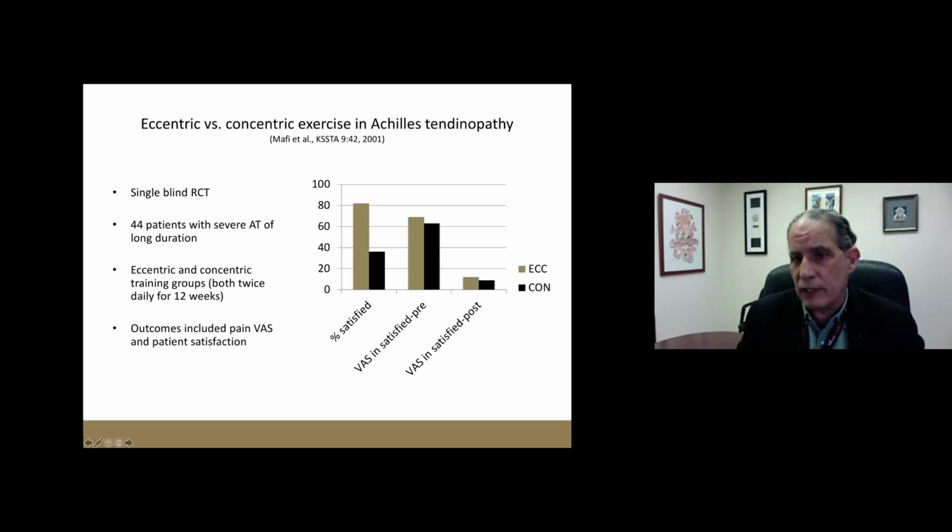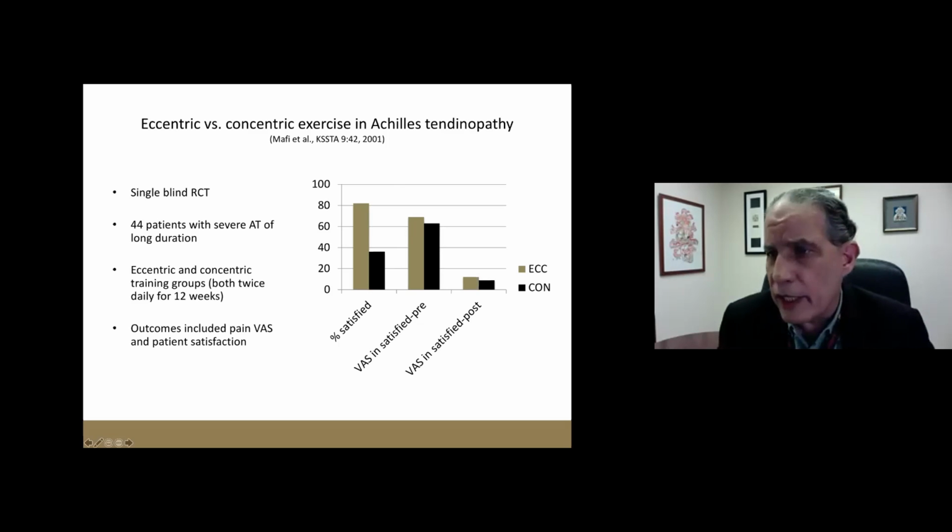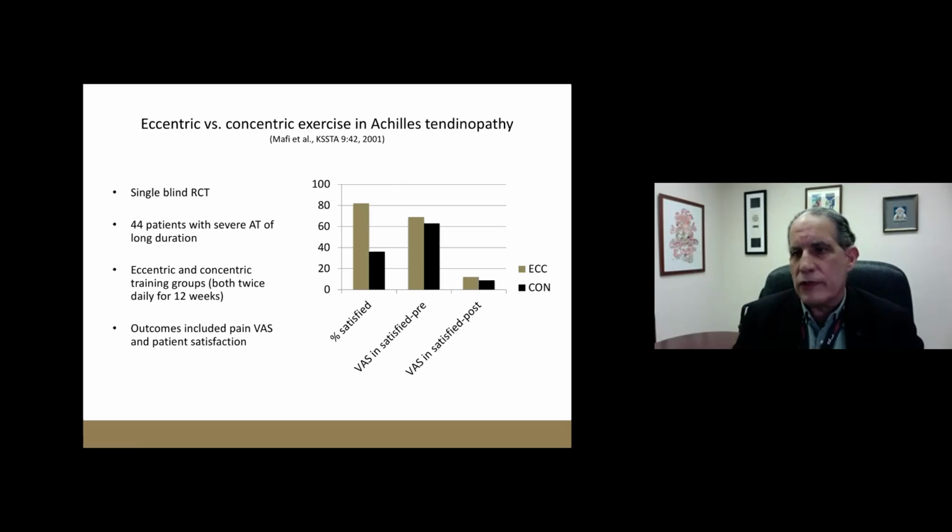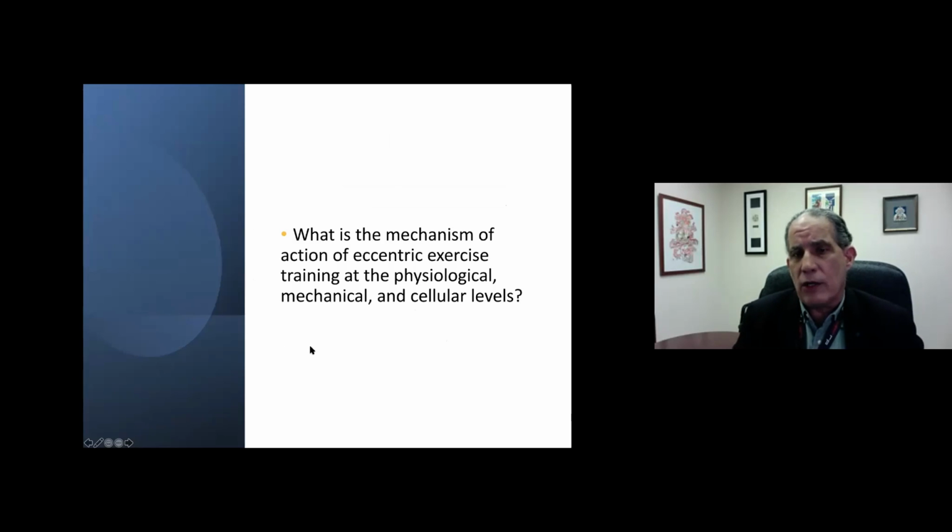And as you can see, there was a significant reduction in both groups. So you could argue that eccentric training is as good as surgery and as good as concentric training, and probably has an advantage over concentric training. Very simple intervention. Now, how does it work?